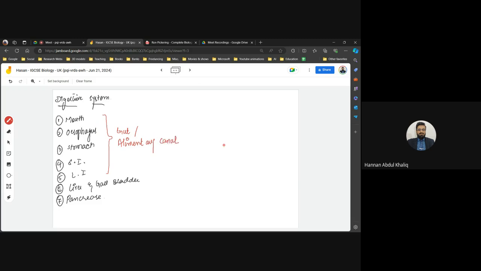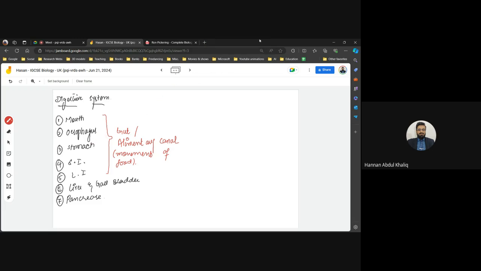The gut or alimentary canal are those particular organs which are involved in the movement of our food. Remember this. The movement of our food occurs in the part that we call the gut or alimentary canal.